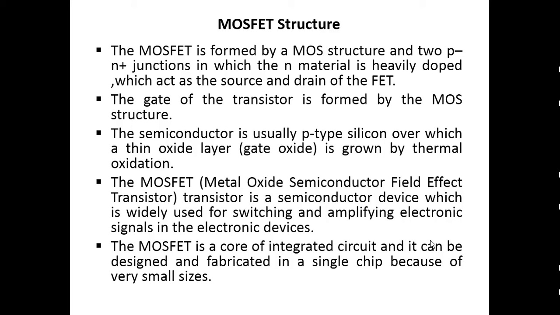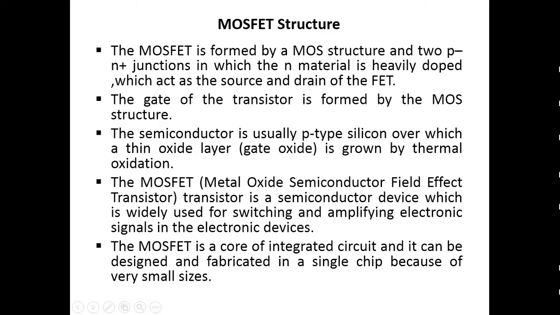The semiconductor is usually P-type silicon over which a thin oxide layer, the gate oxide, that we have already seen for MOSFET structures. The gate oxide layer is actually silicon dioxide, grown by thermal oxidation.